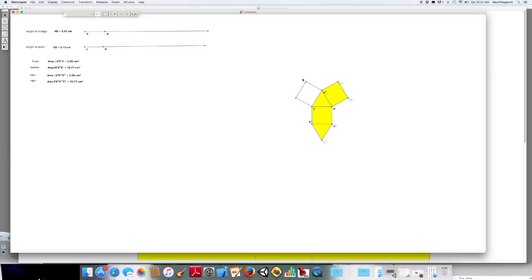Select our points. We're almost done. We're going to construct quadrilateral interior. Let's measure the area. And this is going to be the left. And so that's the hard part. We've made our drawing. It will update automatically.